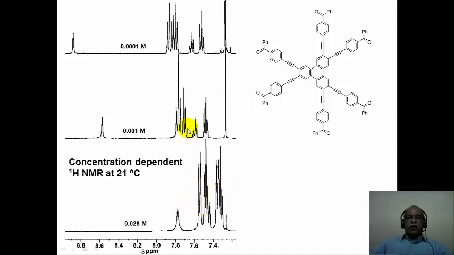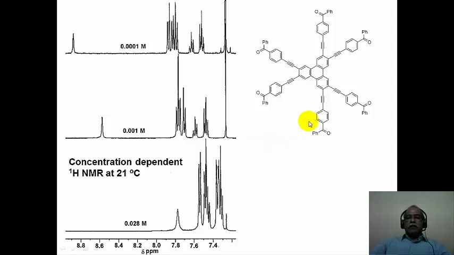As you dilute the sample further and further, what happens is this hydrogen, which is the triphenylene hydrogen, there are 6 hydrogens in triphenylene, 1, 2, 3, 4, 5, 6. These 6 hydrogens appear as a singlet at around 7.8 delta ppm in the concentrated solution. When the solution is diluted, they come all the way up to about 8.9 ppm or so.